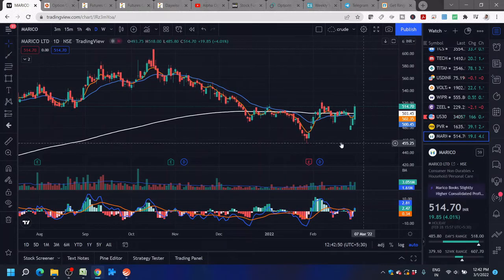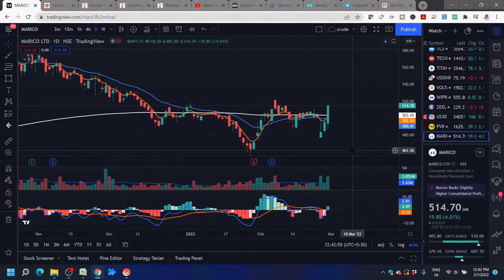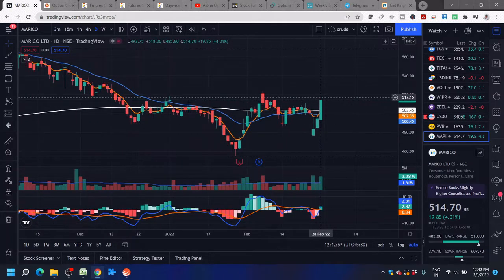This is a daily chart of Marico, and you can see a very powerful green bar has formed which is closing above the 200 period moving average. This is very powerful.